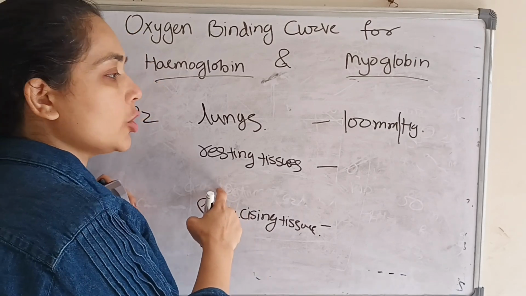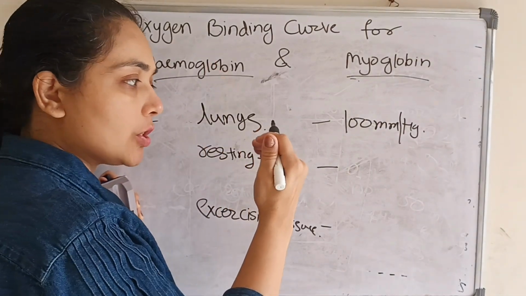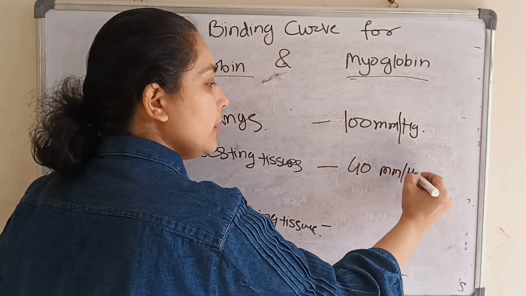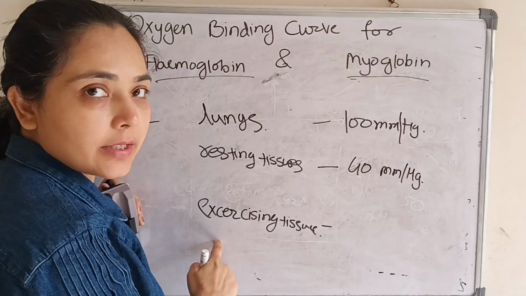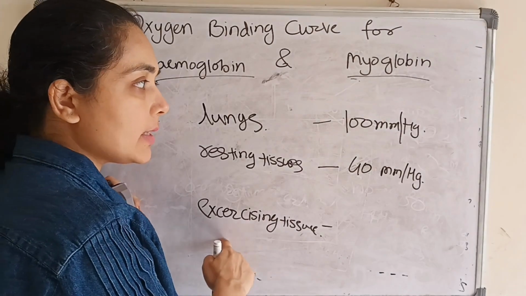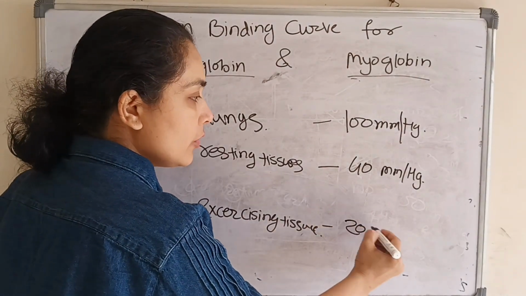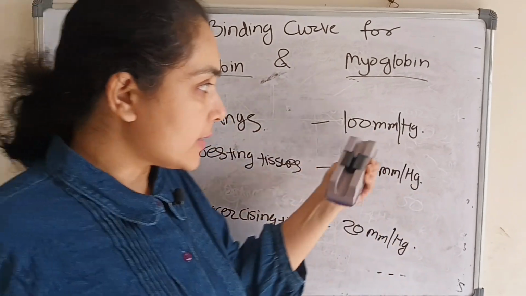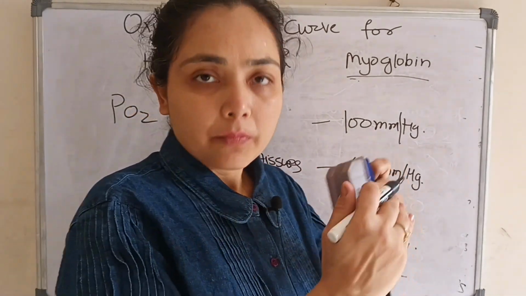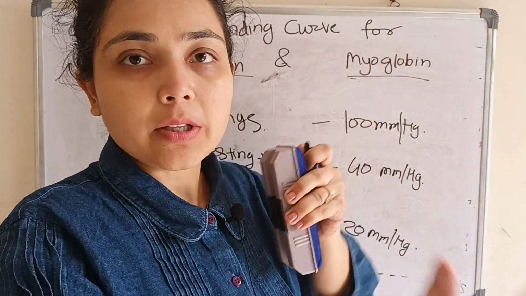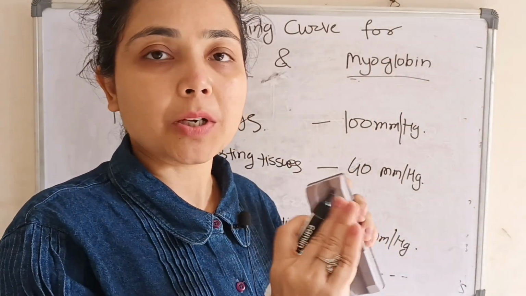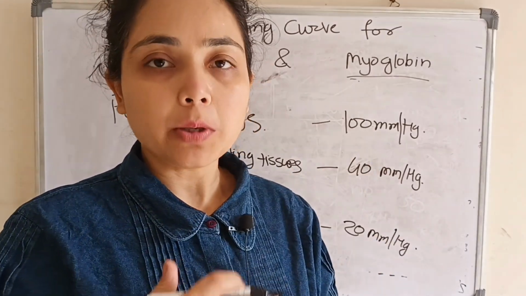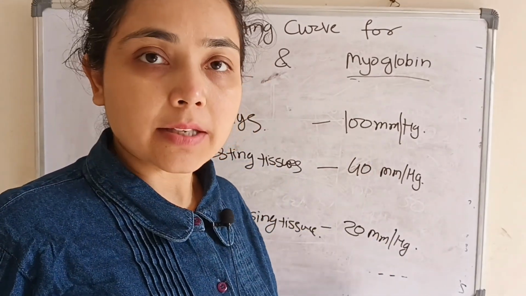In the resting tissues, this partial pressure of oxygen drops to 40 mm of Hg, and in the exercising tissues, it is 20 mm of Hg. We'll discuss these values in detail after some time when we discuss the graphs, but you just understand the partial pressure at the various levels is different. In the lungs it is more, in the resting tissue it is less, and even less in the exercising tissue.